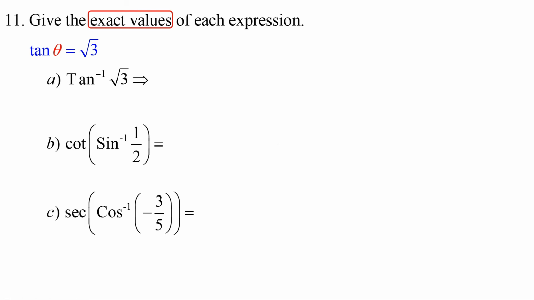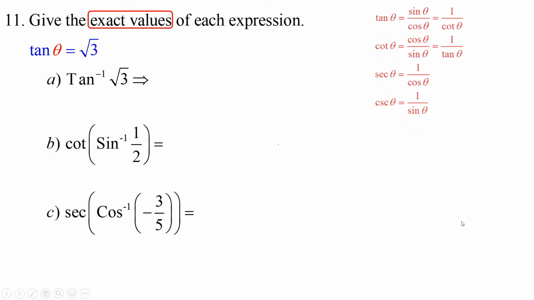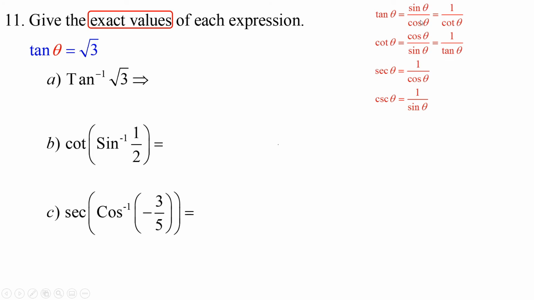Wow. Remember our first quadrant diagram? We don't have any root 3's. We do have root 3 over 2. Let's see what we can do here. Now, isn't tangent sine over cosine? Tangent of theta, sine of theta over cosine of theta. So I'm going to rewrite this, tangent of theta equals root 3, as sine of theta over cosine of theta.